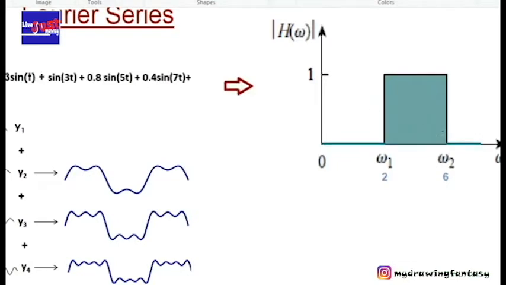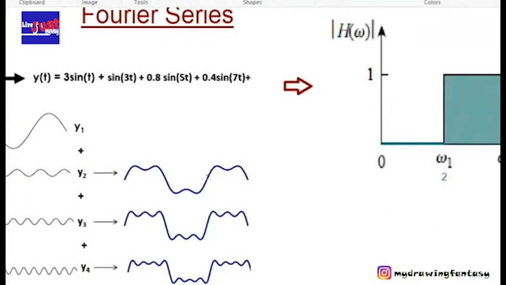and all the other frequencies will be cut off. So when this square wave is subjected to this particular bandpass filter, let's assume omega 1 is equal to 2 and omega 2 is equal to 6. We know the frequencies used to create the square wave, which are 3 sin t, sin 3t, sin 5t, and sin 7t.